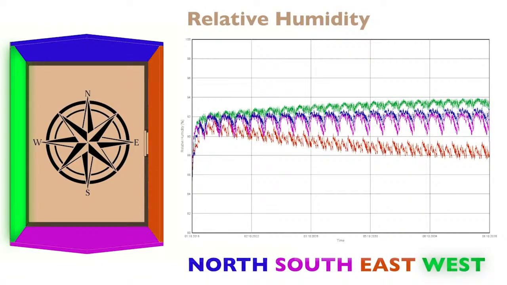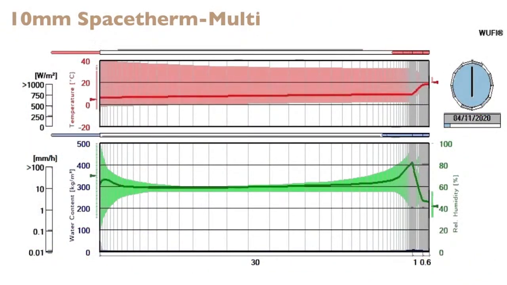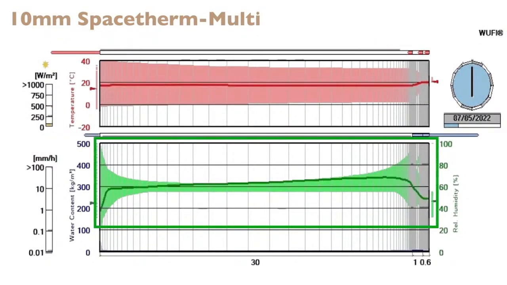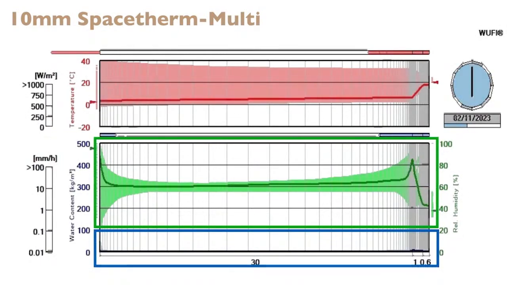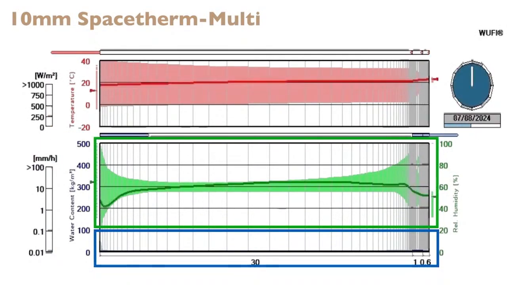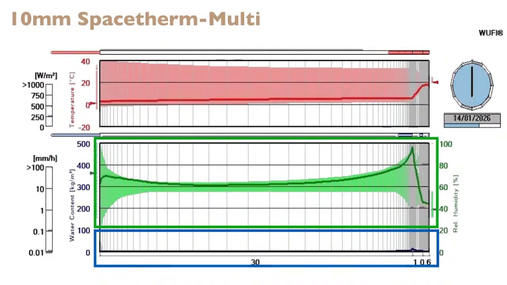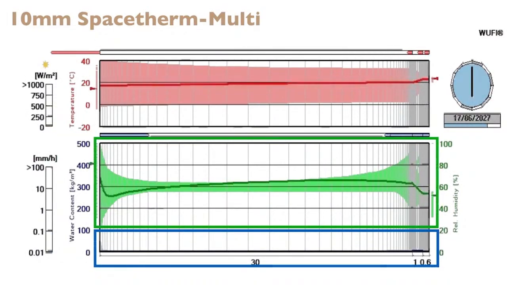Here we can see the results of the modelling on the first case, 10mm of aerogel on a Spacetherm multi-board. The green line on the lower graph shows the relative humidity through the wall, and the blue line shows the moisture accumulation. In this, although both are higher than would be the case for a more modern wall construction, such as a cavity wall or timber frame, the moisture content is not increasing year on year.